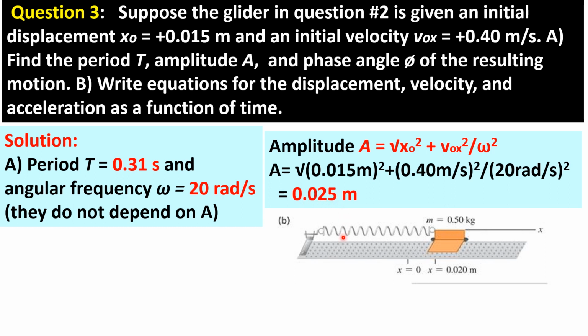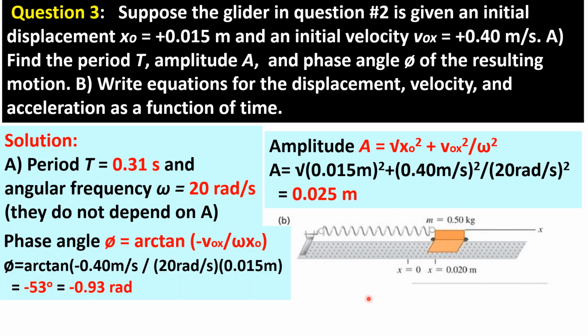That's for the amplitude. What about the phase angle phi? The phase angle phi can be computed using the formula arctan of the ratio negative v naught x divided by omega times x naught. Take note there is a negative for the v naught x. Substituting, v naught x, omega and x naught are all given.